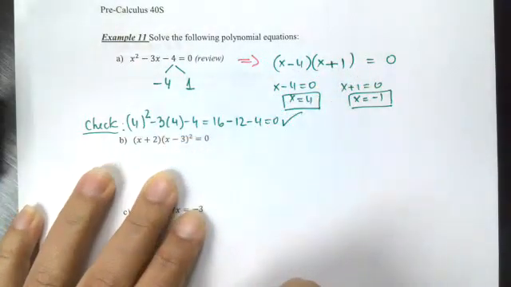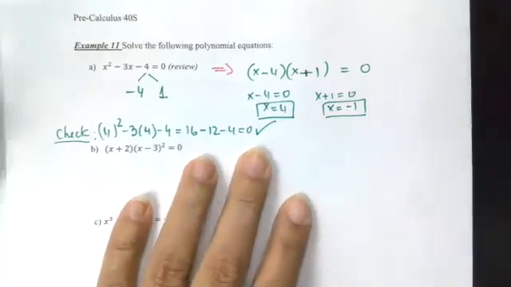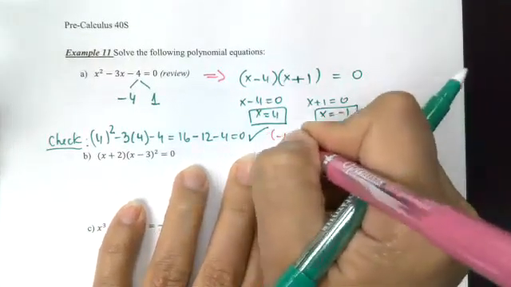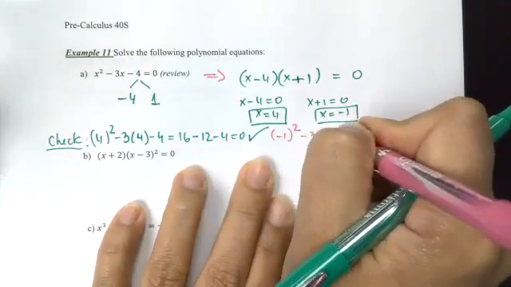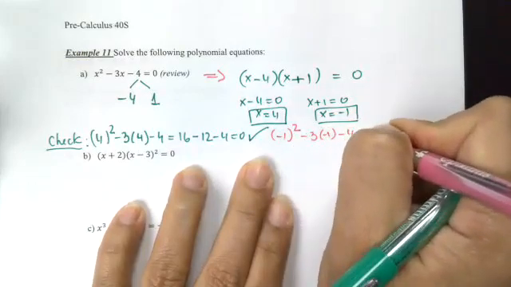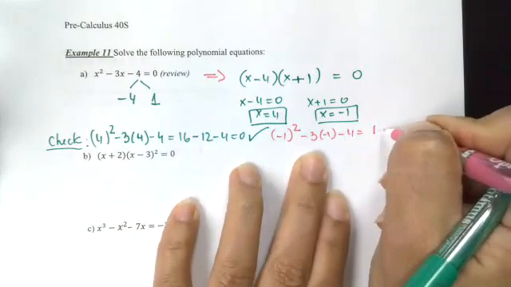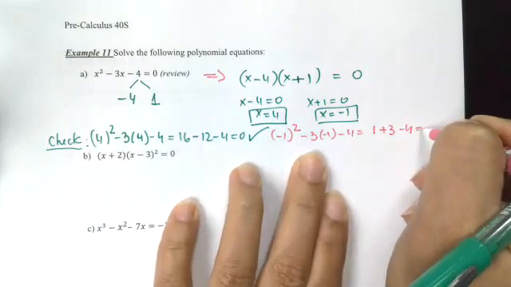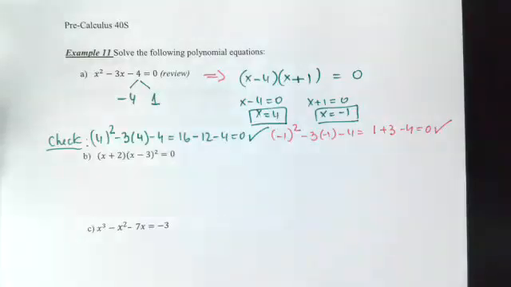So it checks, right? It gives me equal to 0. And the same thing for the other one. (-1)² - 3 times (-1) - 4 is 1 + 3 - 4 = 0. So also checks, right?